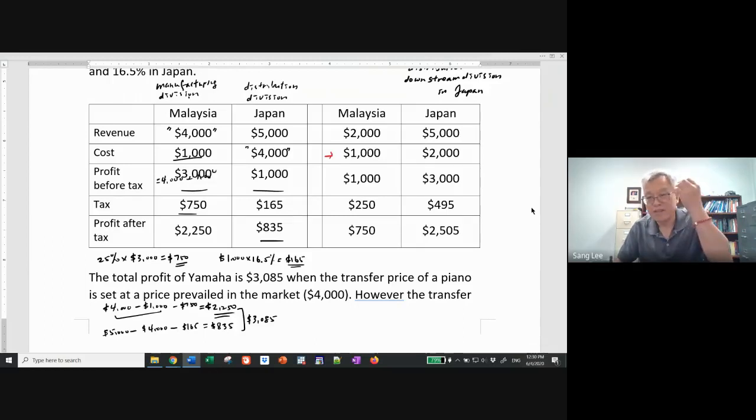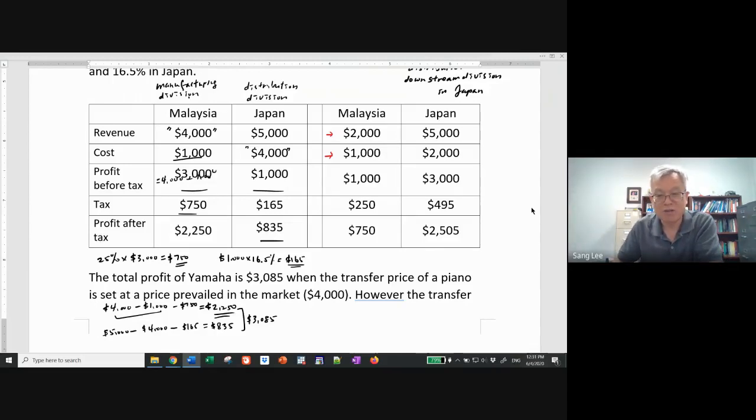But now the manufacturing division is charging a much lower transfer price. So $2,000. So as if the distribution division in Japan is buying each piano from the manufacturing division by paying $2,000 per piano.